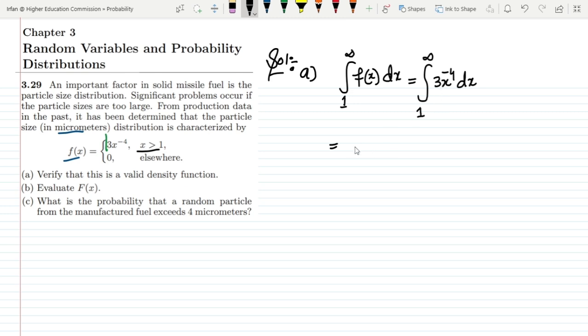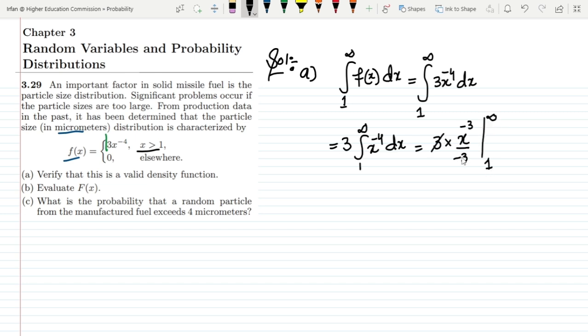3 is the constant, so it will come out of this integration. So now the integral from 1 to infinity of x^-4 dx. Integrating it, I will get 3 multiplied by x^(-4+1), which is x^-3, divided by -3, from 1 to infinity.